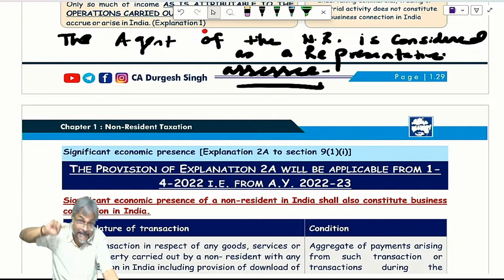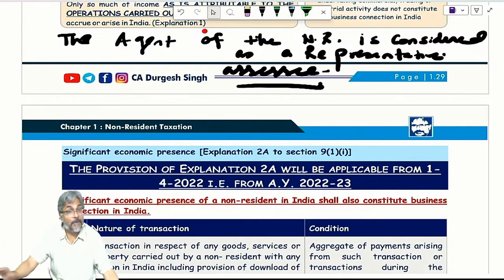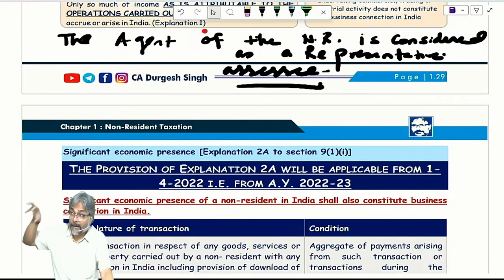So that person has a significant economic presence, but no physical presence. So the government thought that it is very high time that, fine, physical presence is there, that is okay, but now we also recognize a significant economic presence as giving rise to business connection in India.